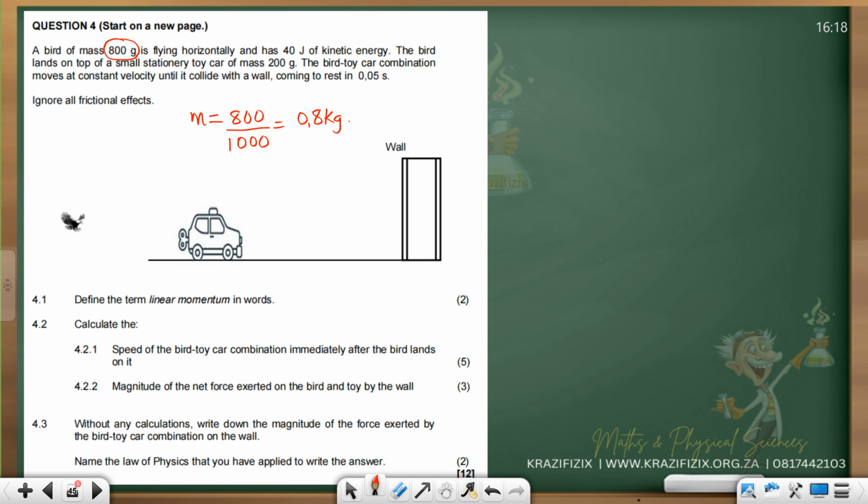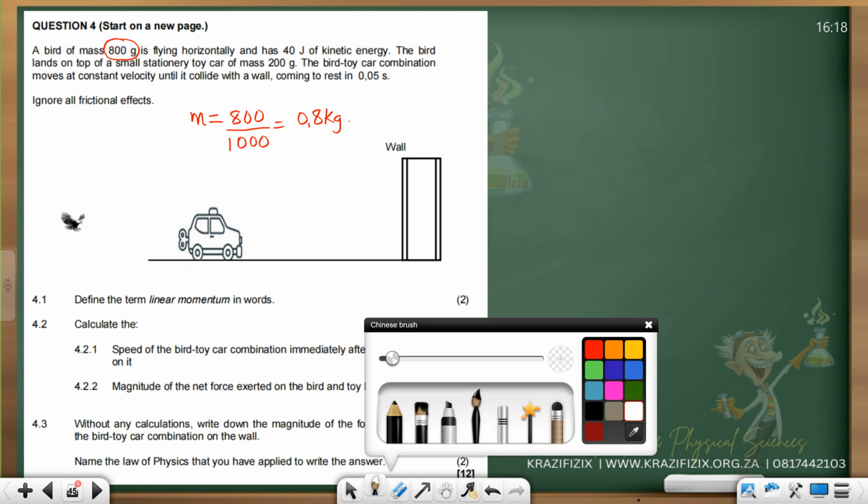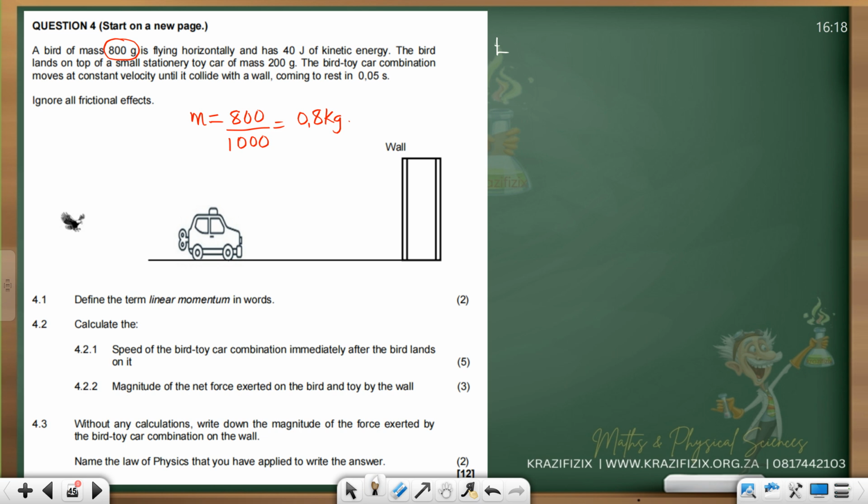All right. A bird of mass 0.8 kilogram is flying horizontally and has 40 joules of kinetic energy. Okay, so the bird is flying with a kinetic energy of 40 joules. The bird lands on a small stationary toy car.